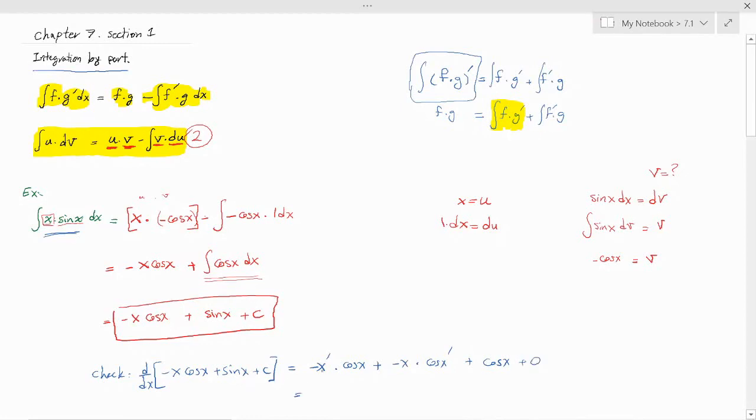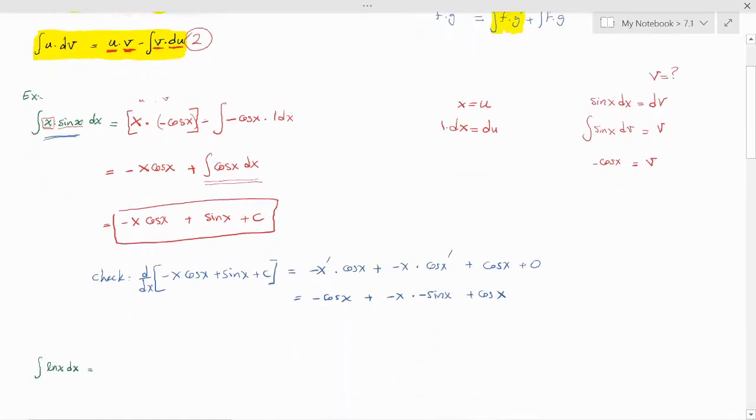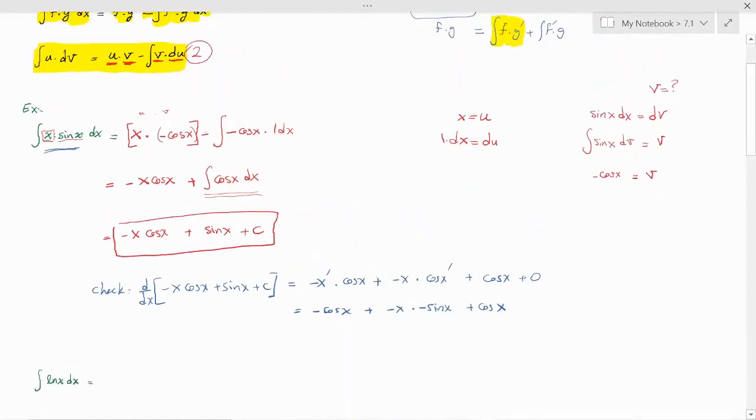So here what we get is negative times negative x derivative would be negative 1, so negative cosine x, plus negative x times the derivative of cosine x, which is negative sine x, plus cosine x. And what we notice is that these two will cancel out, and negative times negative becomes positive, which is x sine x.